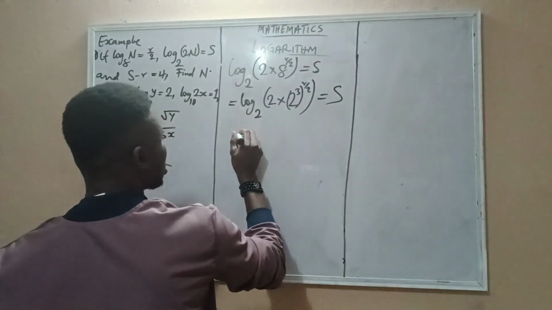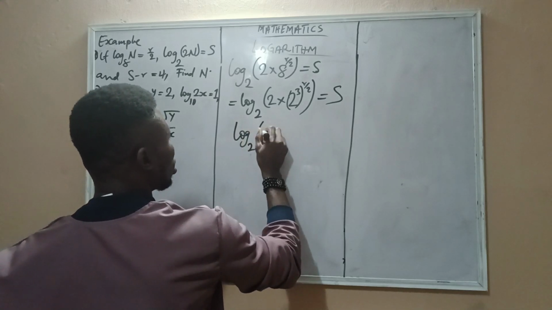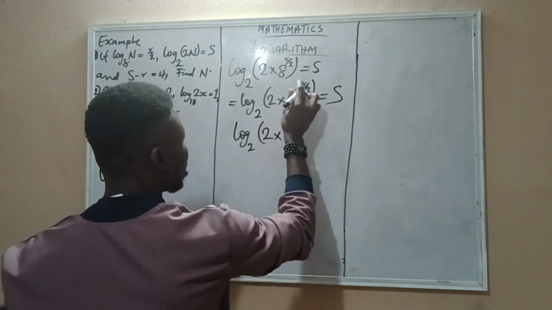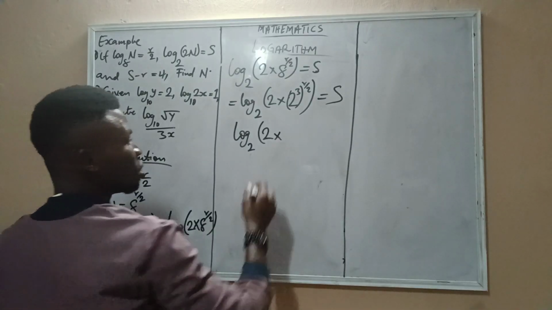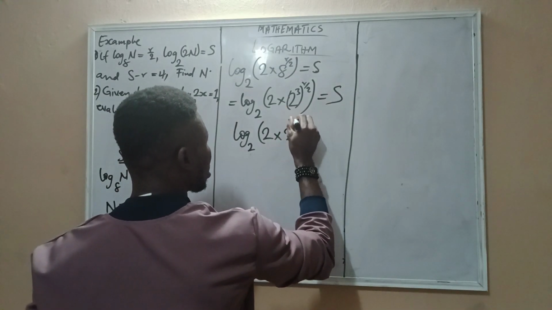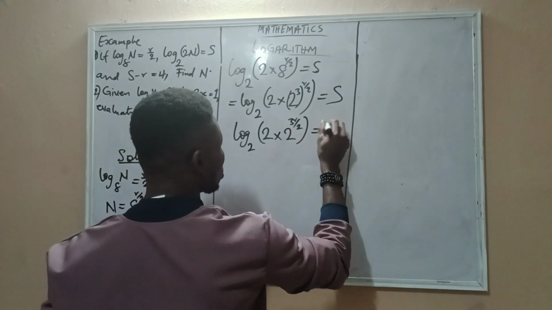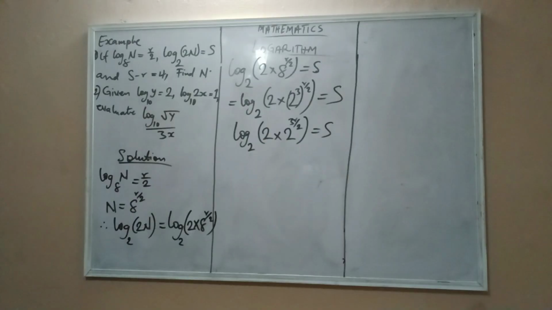Are we there? And this is log to the base 2 of 2 multiplied by, when you open the bracket, 2 to the power 3r over 2, bracket close, equals s.